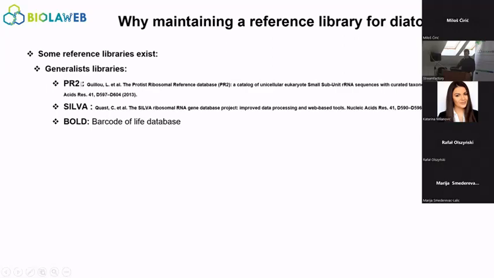You can recognize here PR2, which means Protist Ribosomal Reference Database. You have lots of things for 18S. You remember 18S? The second reference library, Silva, is more generalist but a well curated reference library, and Bold, we already talked about that, the Barcode of Life Data system.